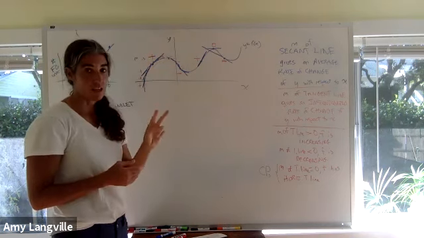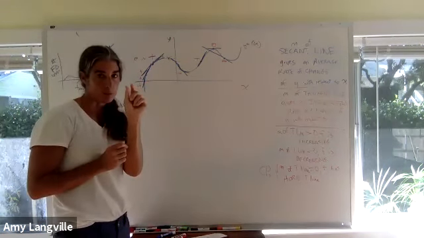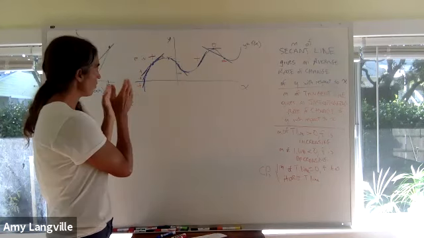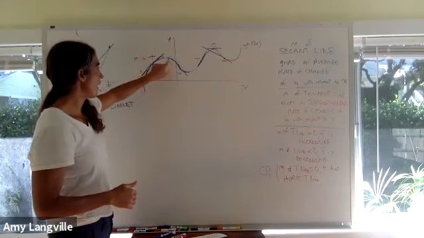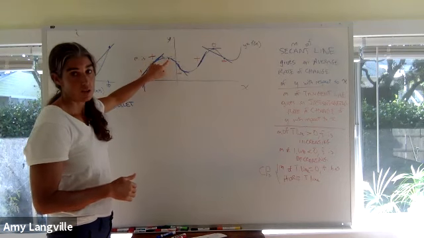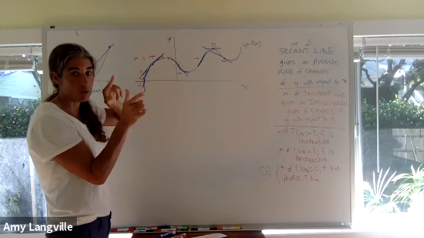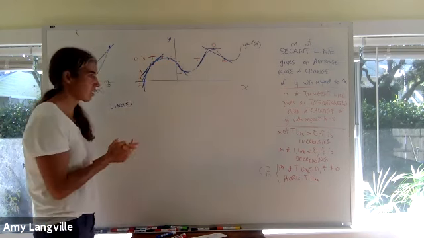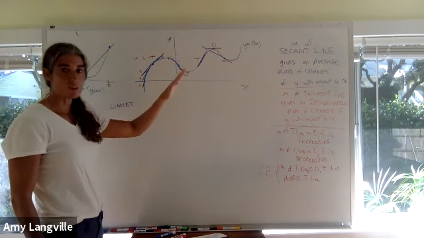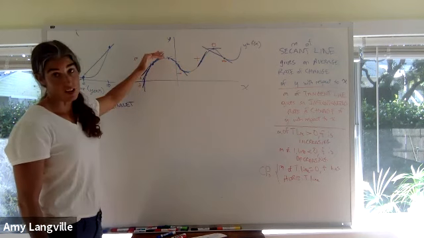Or the second idea is thinking about this curve as made up of a bunch of tiny little line segments called linelets. And as you zoom in closer and closer, the nonlinear function at some point of tangency looks like a tiny little linelet. And then you extend that tiny little linelet into a line, and that is a tangent line. If the tangent line is leaning this way, it's a positive sloped line, and so therefore the function is increasing at that point.